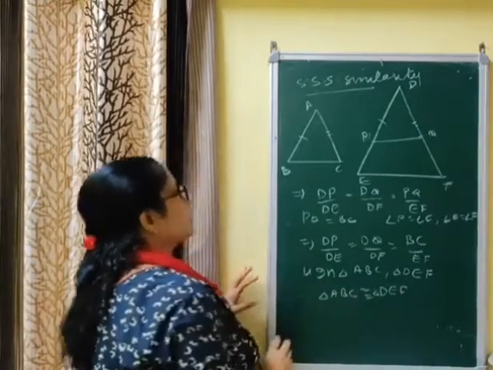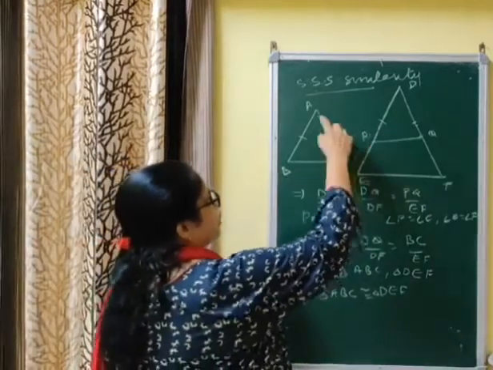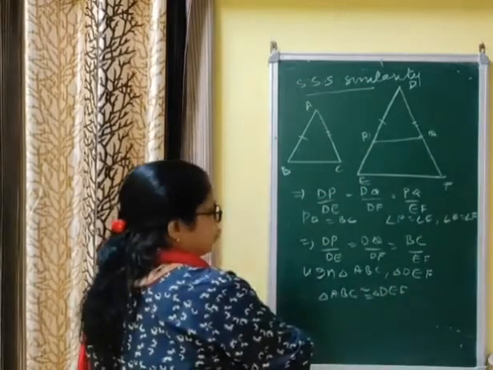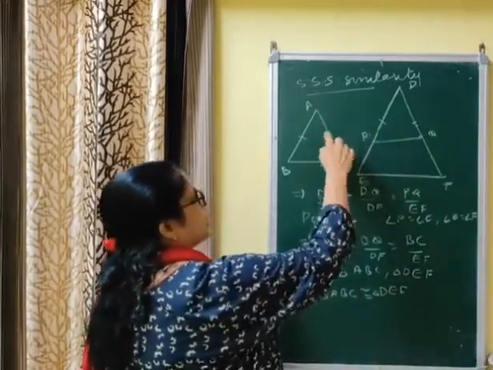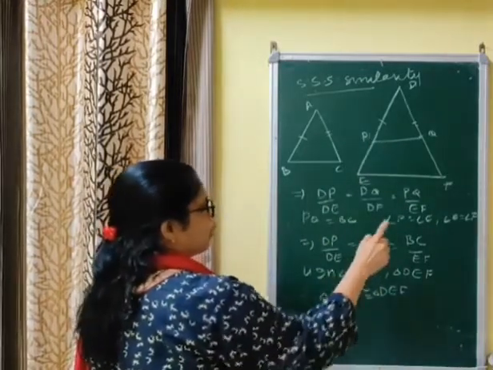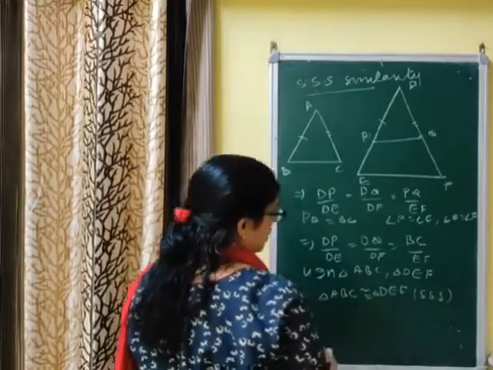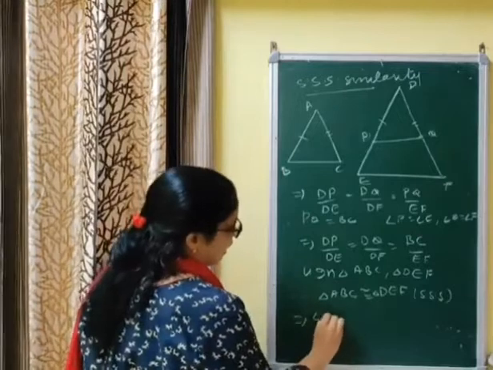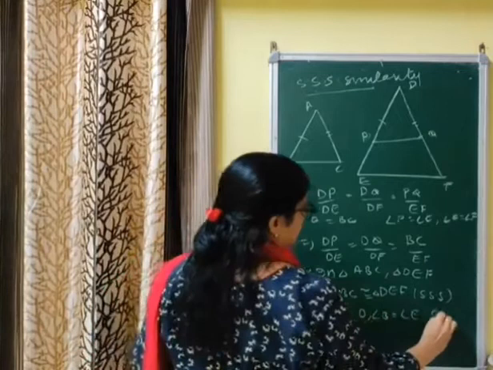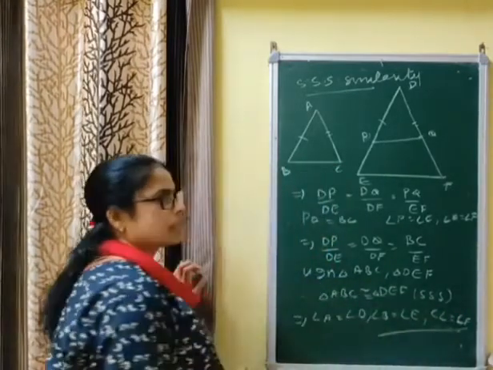How did it become congruent? AB equals DP by construction, AC equals DQ by construction, and BC equal to PQ you have just proved. That means by triple S congruence, angle A is equal to angle D, angle B is equal to angle E, angle C is equal to angle F. That means the respective angles are equal, hence the triangles are similar.